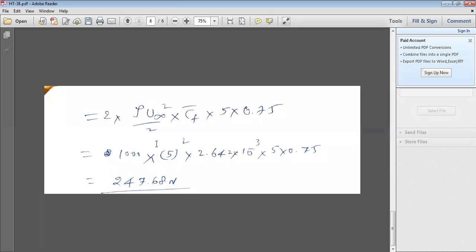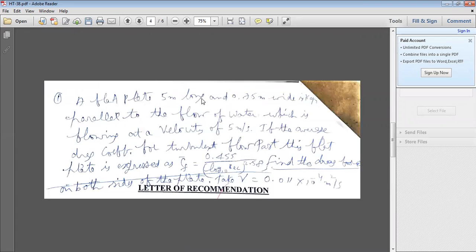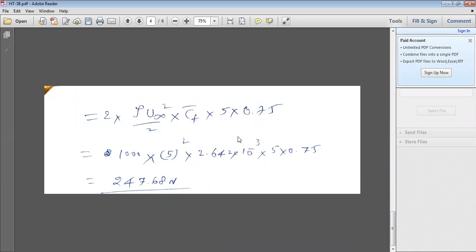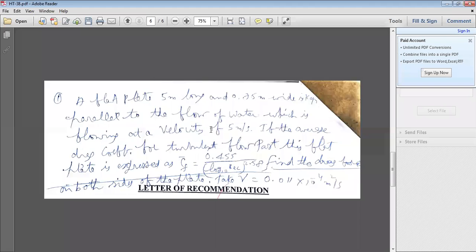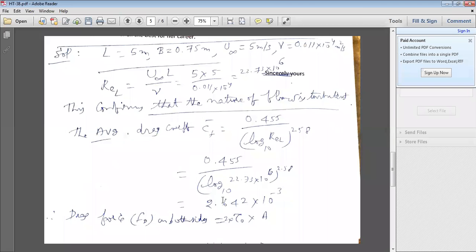So 1000 into U free stream square, the velocity of the water. What is the velocity of water? Flowing at a velocity of 5 meters per second. So 5 square into CF bar. What is CF bar? Just now you have calculated CF bar.